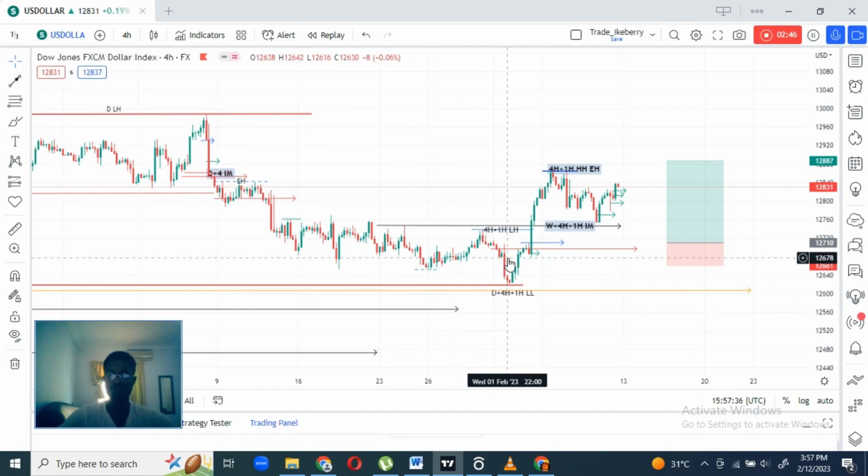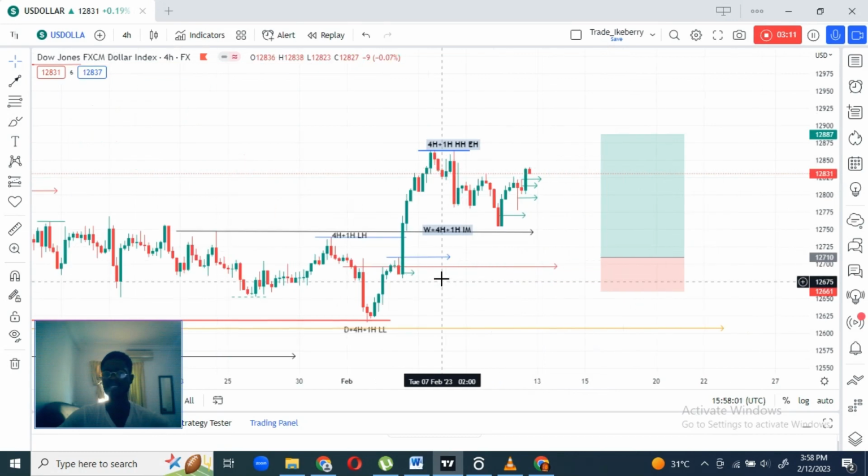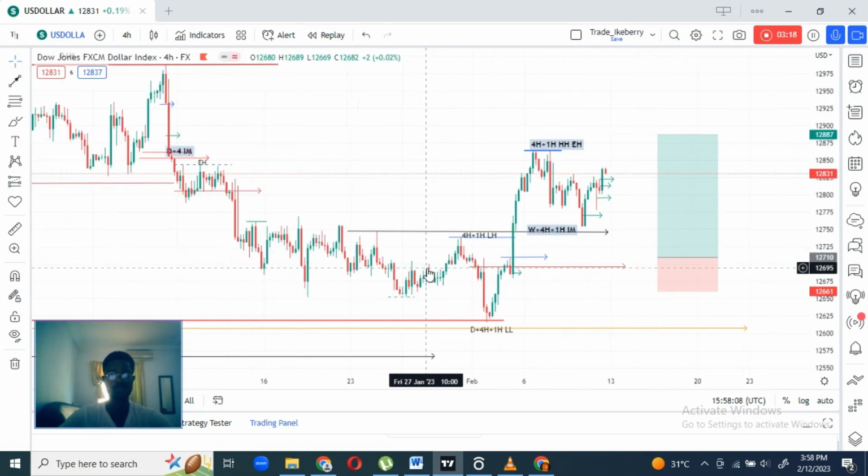Then the NFP release, including the FOMC release, made price jump, and we were able to break our choppy area. That was the last 2 weeks. What did we see over the week? We saw some ranging movement, and we were all expecting price to come into this weekly, 4 hour and 1 hour imbalance. Of course, price did come, but not as we expected.